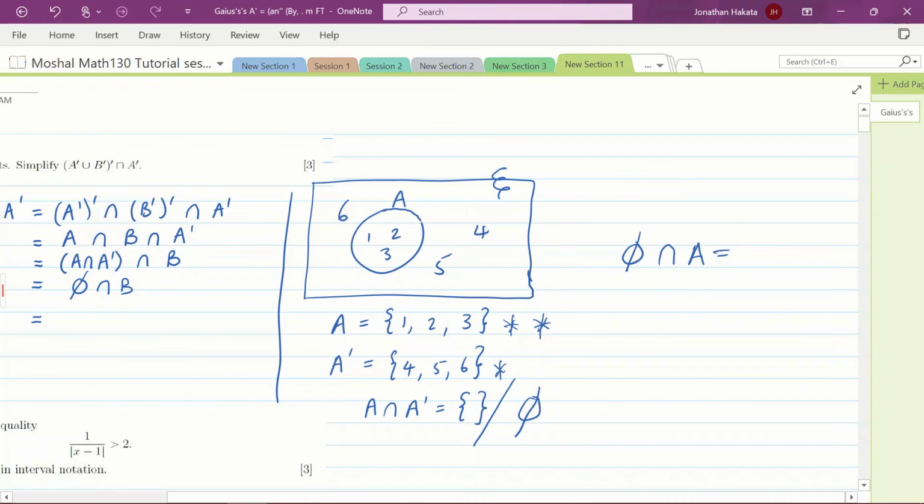An empty set does not have elements at all, but A has elements 1, 2, 3. So what are the common elements inside the empty set and set A? Because that's what the intersection is, right? So what do you think is the answer here? For empty intersection A, what do you think is the answer?